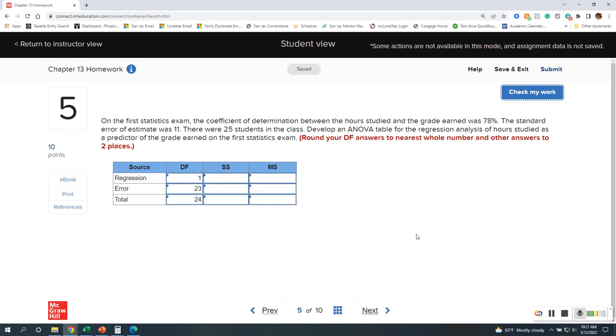Okay, so we know what the error degrees of freedom is, 23. We do not know what this one is, or MS. Okay, but we do have some numbers to work with. And we're going to have to do some fancy algebra, it looks like.